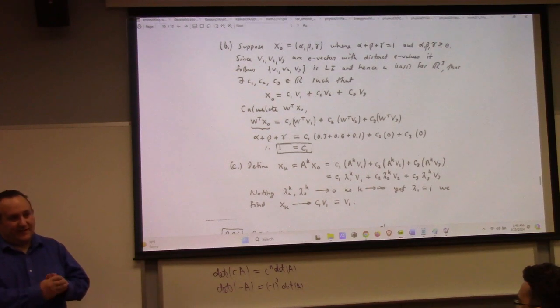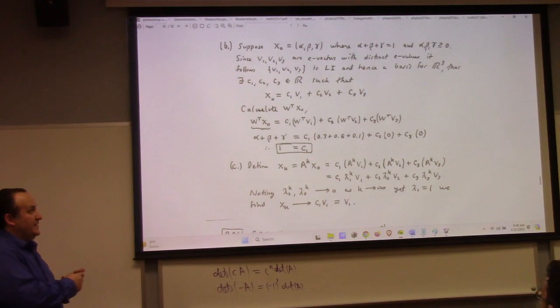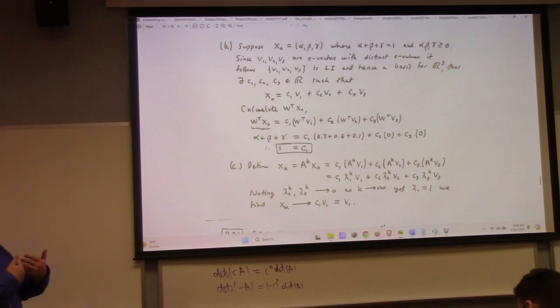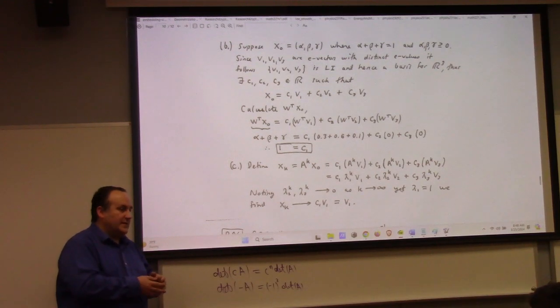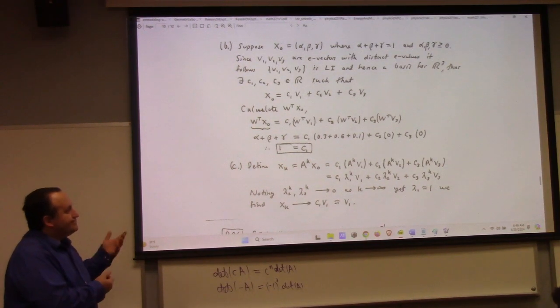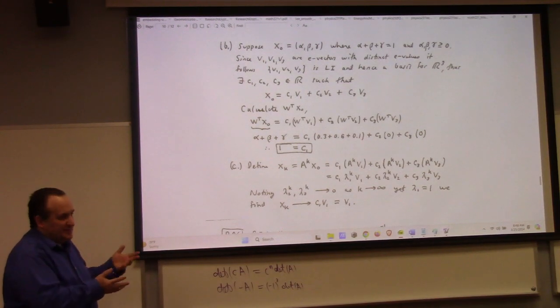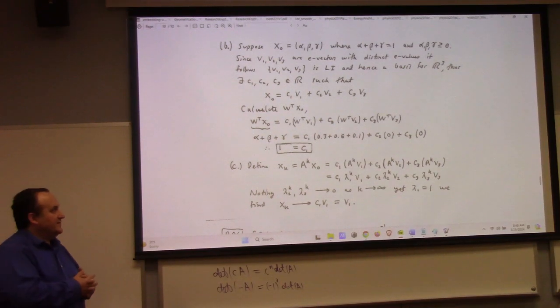So if I've got 3 eigenvectors with 3 distinct eigenvalues, it's necessarily the case that they're linearly independent. But if I have 3 linearly independent vectors in R3, that's a basis. And as such, there exist C1, C2, and C3 such that x naught is in the span of those guys. I don't know if there may be a more explicit argument you could have given here, but that's the one that I would like to give, so I gave it.